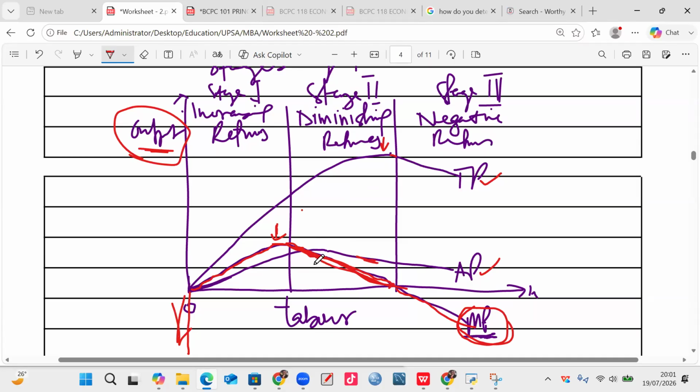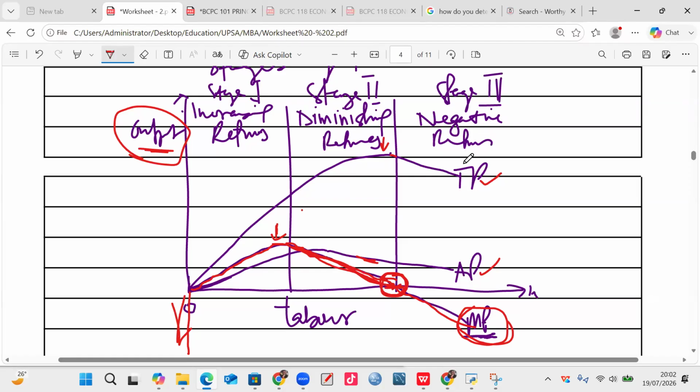In the same second stage, the marginal product decreases to zero. This is zero. It decreases to zero. That's why it is called diminishing returns. So in that stage, all the curves begin to diminish. They all begin to fall. But it is the MP which falls deeply or steeply. It falls very steeply to zero here.